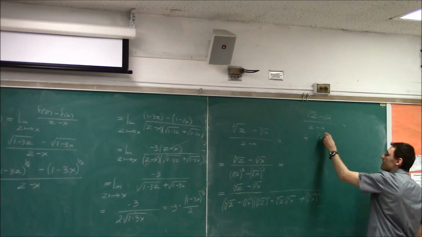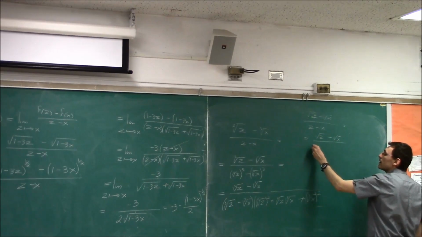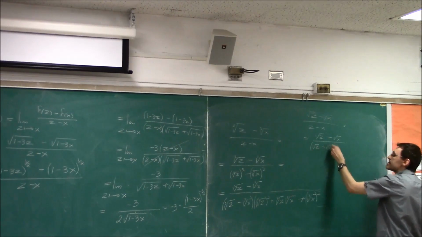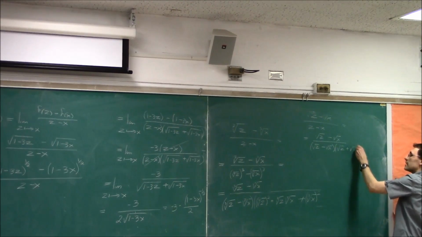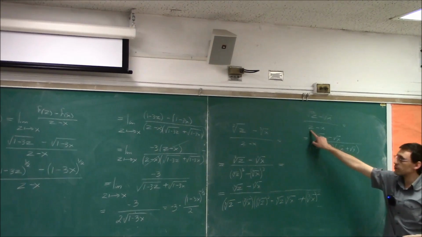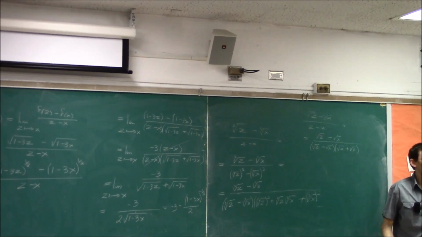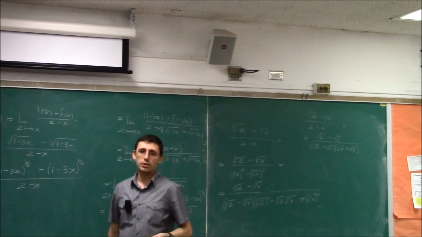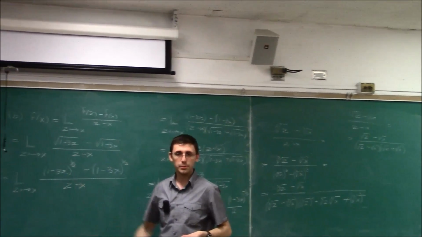Because this is root of z minus root of x divided by root of z minus root of x, times root of z plus root of x. You see? That's where you know that it's the conjugate. It's really factoring squares. If it's cube root, it's factoring cubes really. Okay? Good? Now, let me give you a warning. A question like that may well be on your exam, and you'll have to do it by definition. To show me that you know algebra, to show me that you understand how this process works.